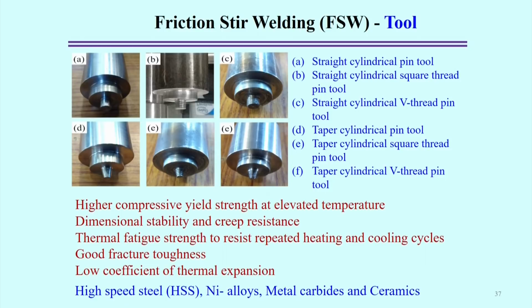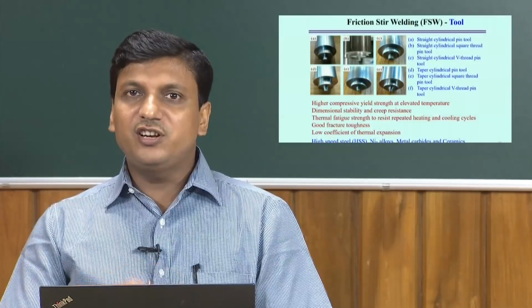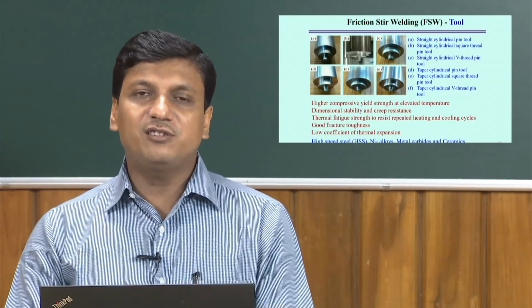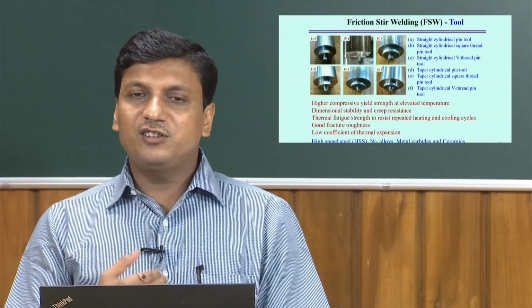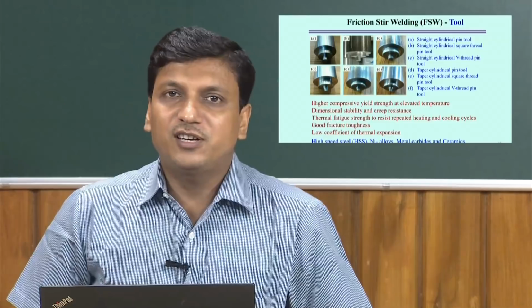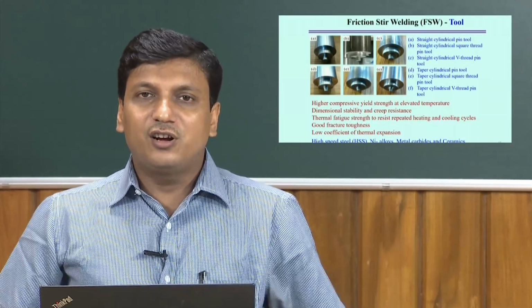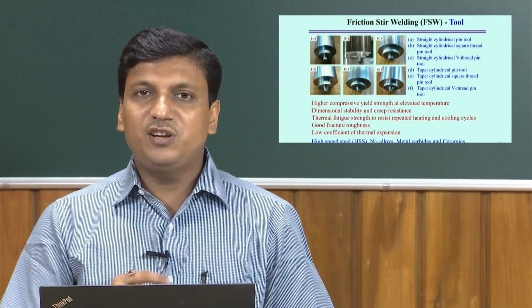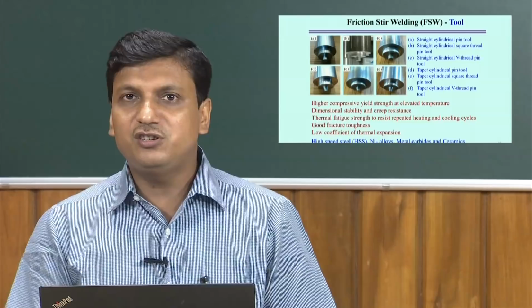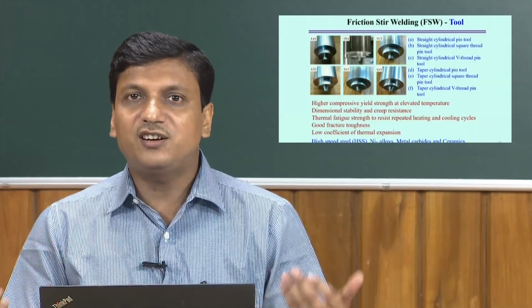Apart from these, we can create different geometries of the tool pin, but in all these cases the different types of tool pins have some influence on the material flow pattern, and finally they influence the weld joint properties as well, because this thread profile changes the flow pattern of the material during the stirring action. And not only the flow pattern, but also the frictional heat generation is different, because although the pin height is the same, the surface area in actual contact with the workpiece material is different in all these cases.